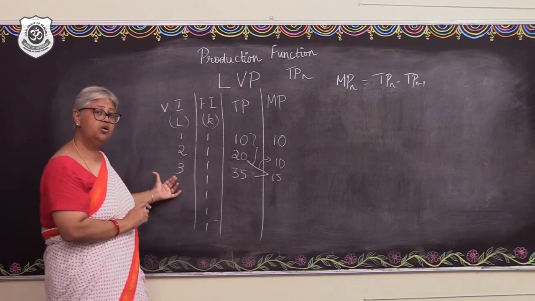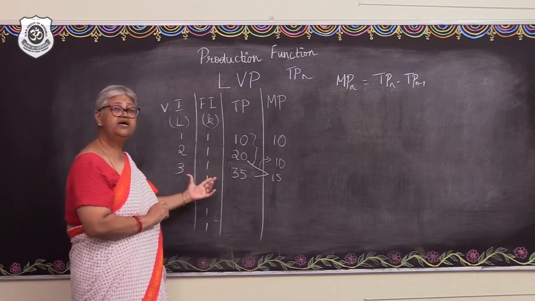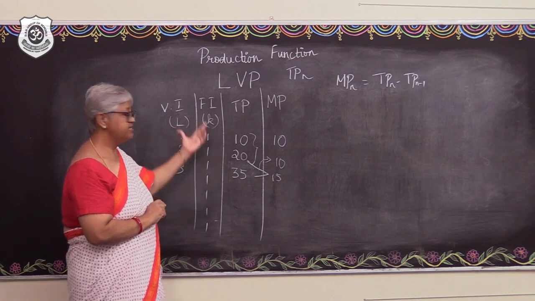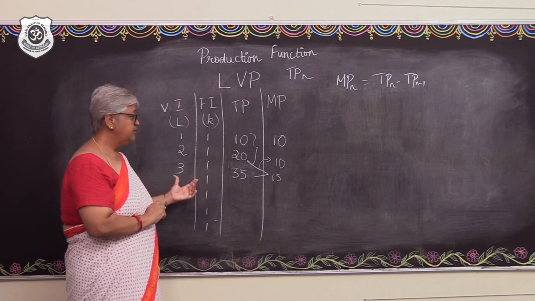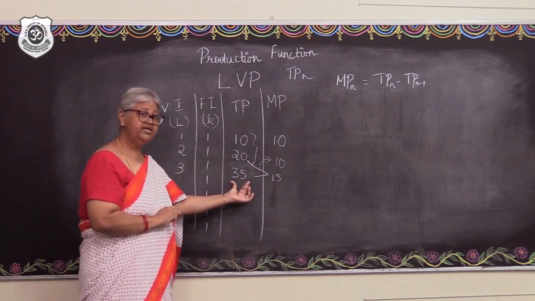3 laborers are going to be employed in the process of production and they are going to be combined with 1 unit of the fixed input or the fixed factor, which is capital in this case. So this combination of 3:1 is going to give a total product or a total output of 35.